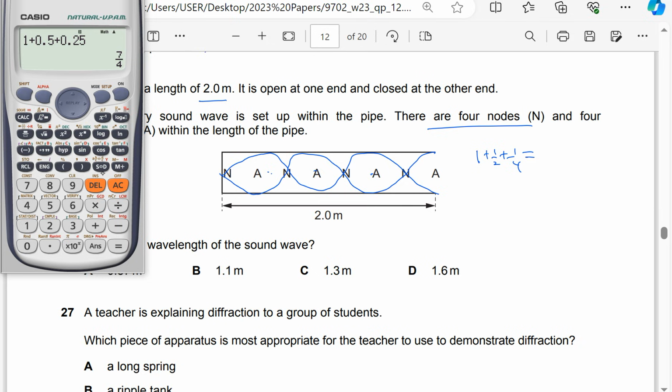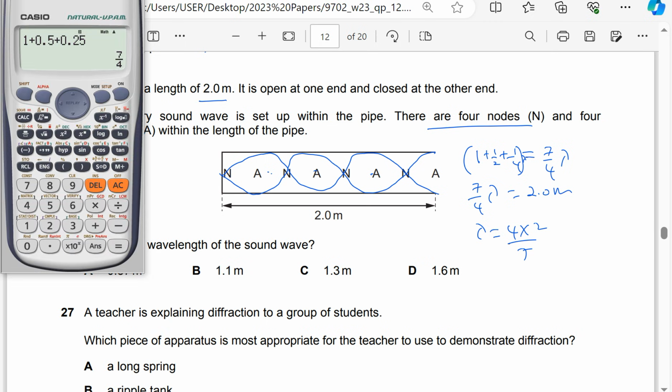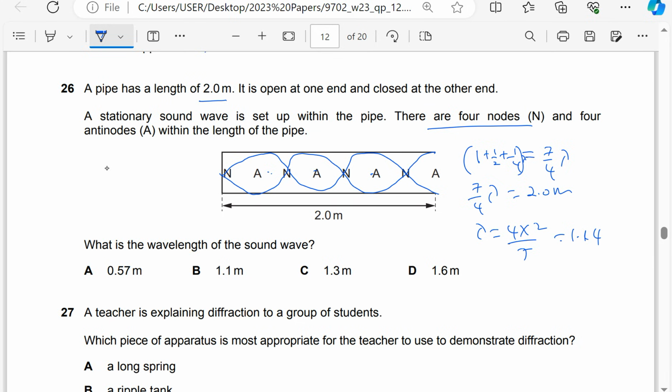So this is 7 over 4 of a wavelength. So 7 over 4 wavelength is represented by 2.0 meters. So the wavelength is going to be 4 times 2 divided by 7, which is 1.14. So the answer is going to be B. It can't be 1.2. It is 1.14 or 1.1.